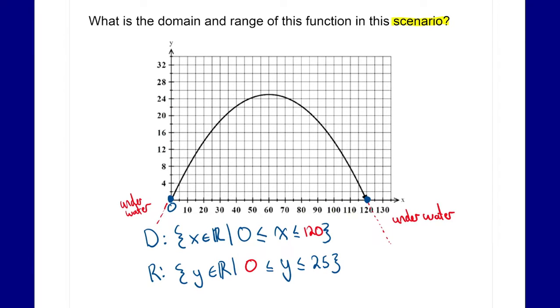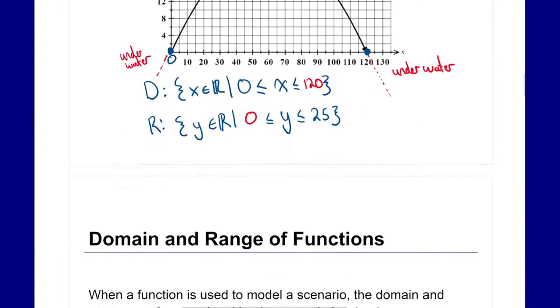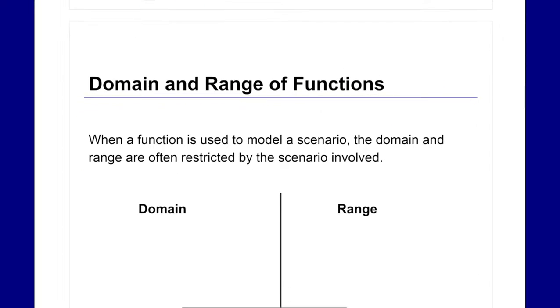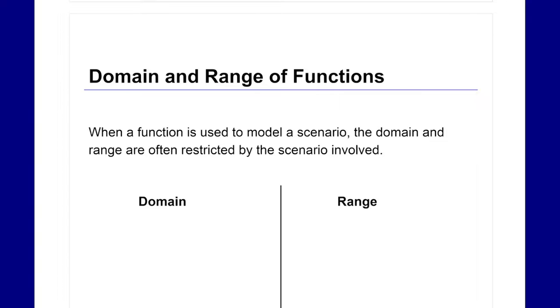The reason being, if I go below 0, I'm underwater for the range. If I go beyond 120, I'm underwater as well for my function, which we can't have. Our bridge isn't going underwater. So depending on the scenario that we deal with, there may be some restrictions for the domain and range. We do have to be careful.